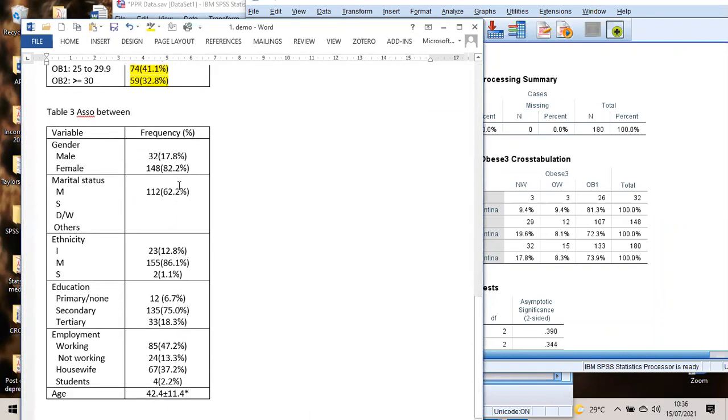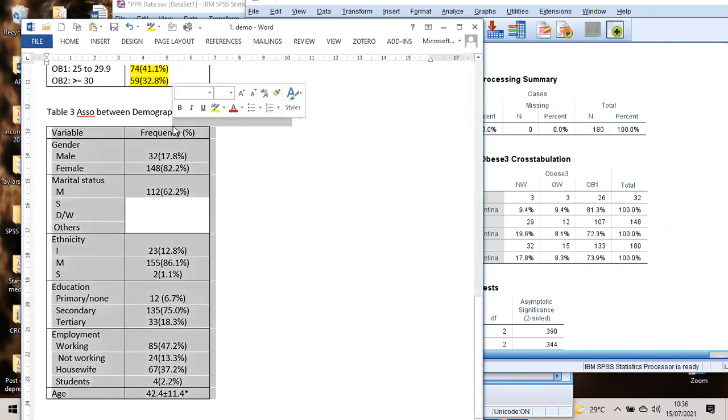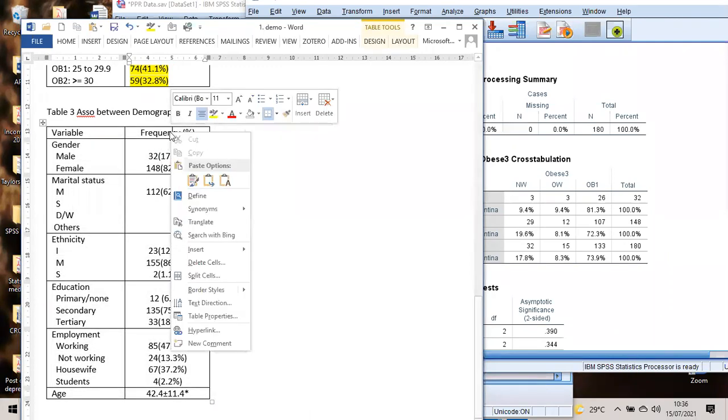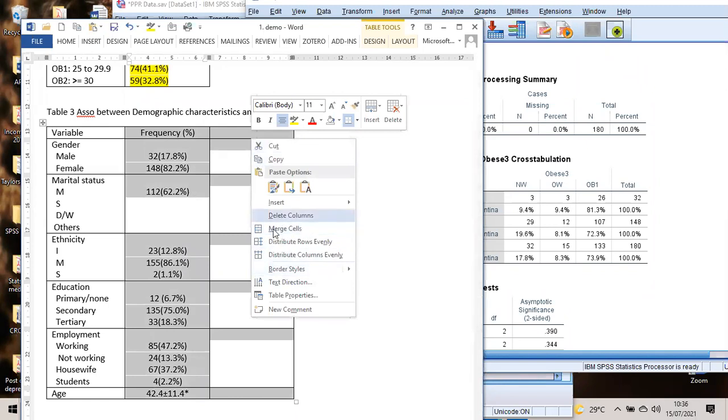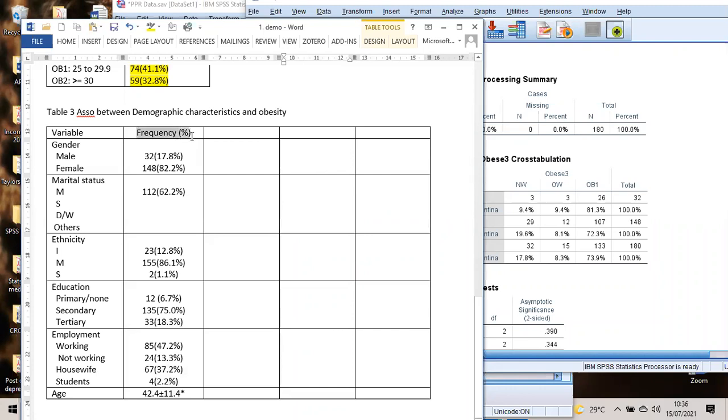So now association with demographic characteristics and obesity. So open up, insert further columns. Okay, this will be underweight, normal weight, overweight, and obese.